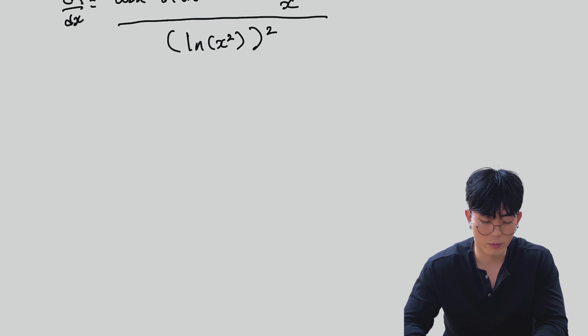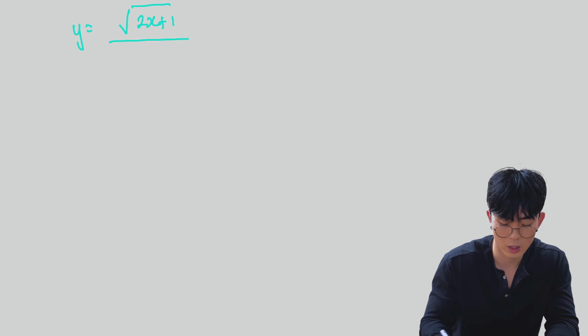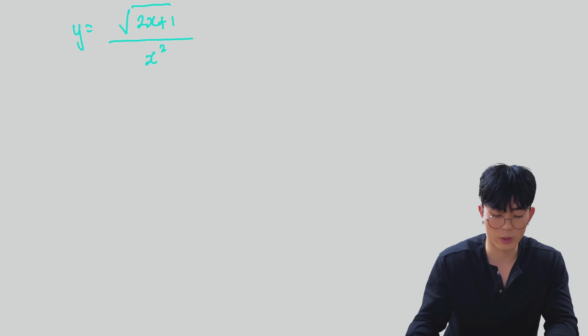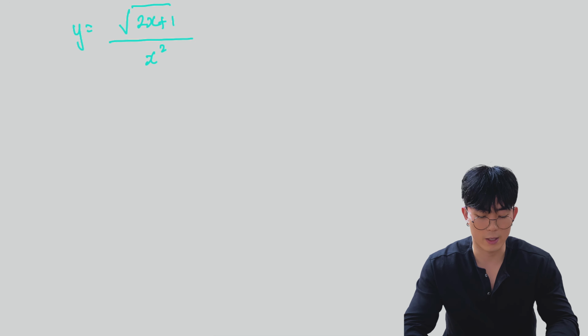Let's just try one final example. So let's say I want to differentiate y is equal to the root of 2x plus 1 over x squared. Okay, so don't get confused, don't get rattled by this. Once again, just simply state your u and v first.